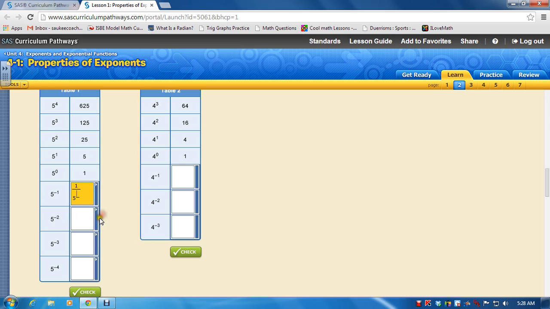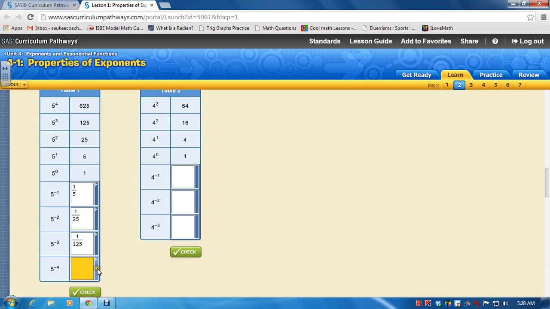And then if I divide that by 5, I'd have 1/25. I divide that by 5, I would have 1/125.